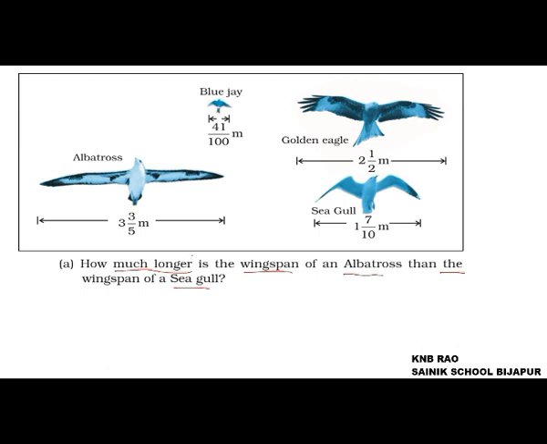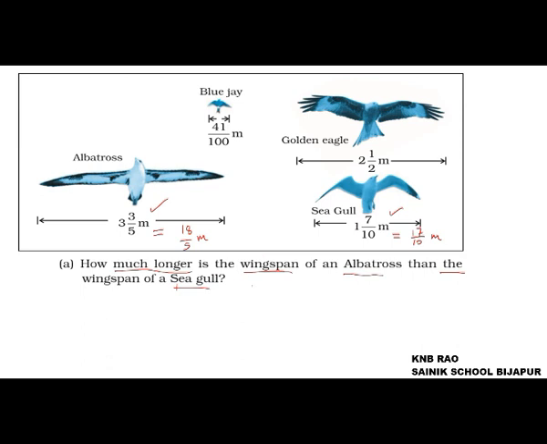So you can observe we are supposed to find the difference between 3 integer 3 by 5 meter and 1 integer 7 by 10 meter. First we will convert. 3 integer 3 by 5 is nothing but 18 by 5 meter. Here this is 17 by 10 meter.